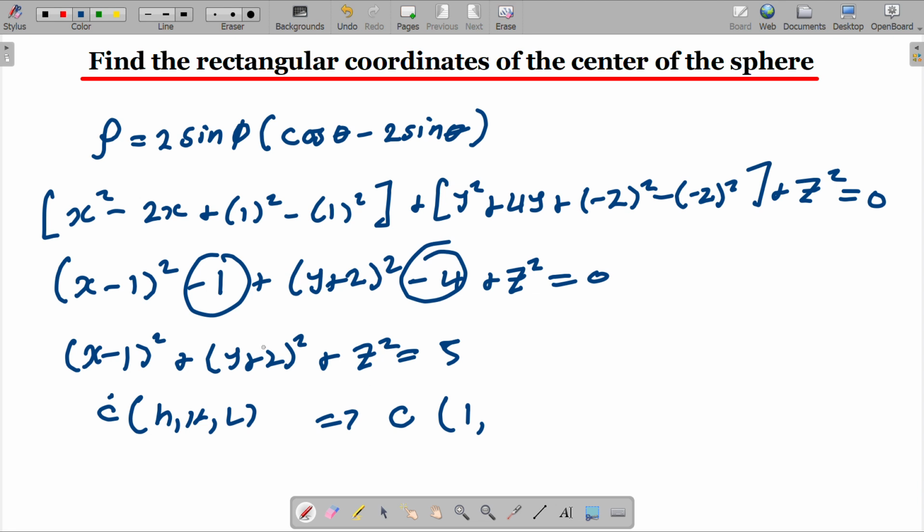Then k, because this is a plus, simply means the value of k was negative, so it's negative 2, comma, 0 there. So those are the coordinates for our center given in rectangular coordinates. This is basically how we answer such questions.